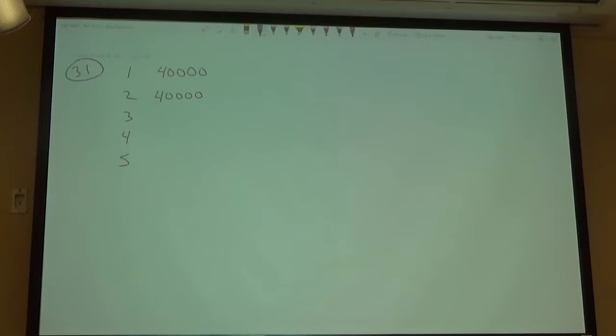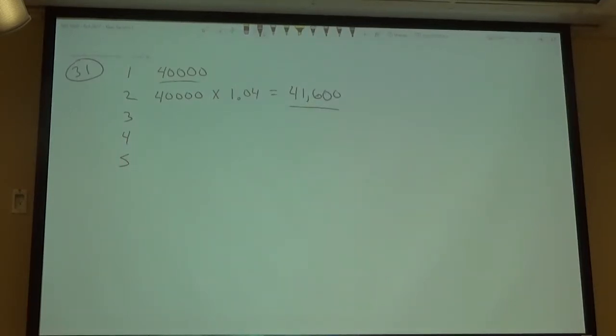I would simply put the 40,000 on the next year and then multiply it by itself plus the 0.04. Okay, so 1.04. That multiplies it by itself and adds in the 4%. And so you're going to get 41,600 for year 2.